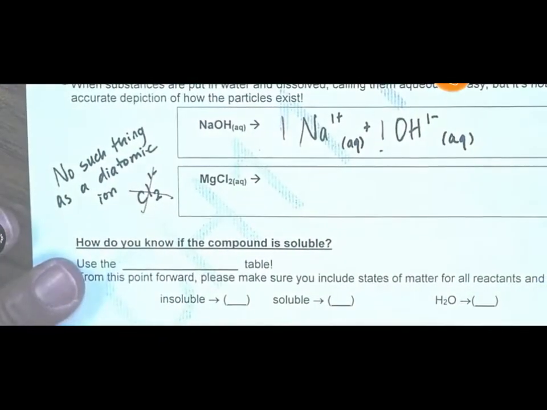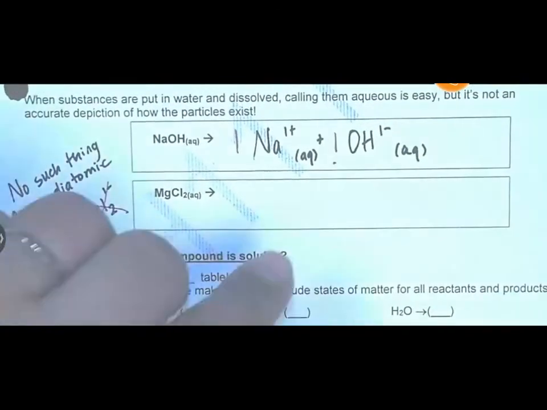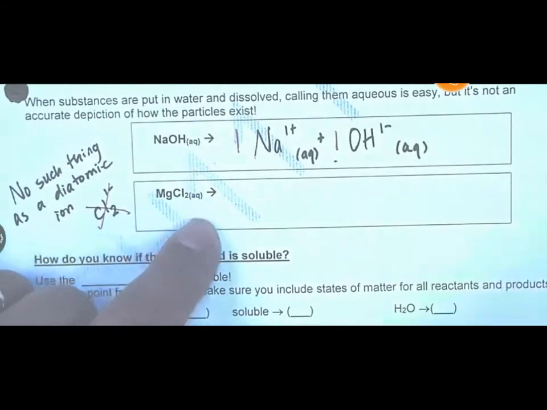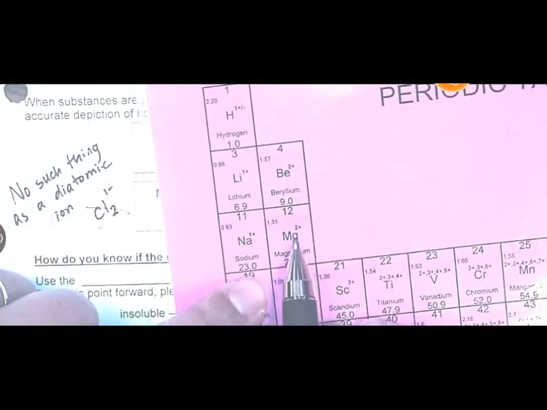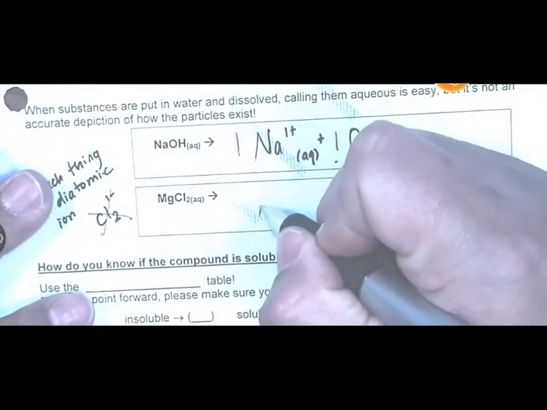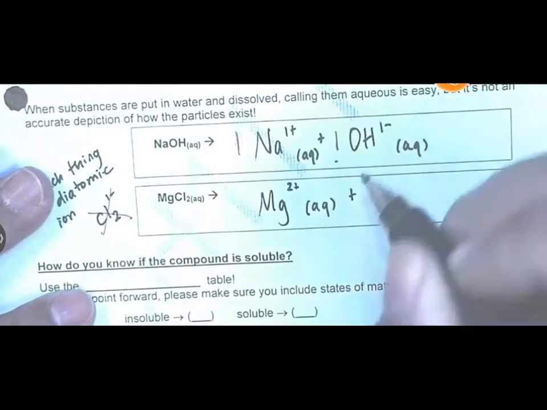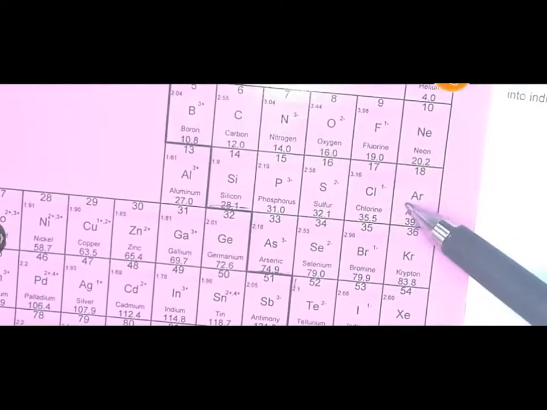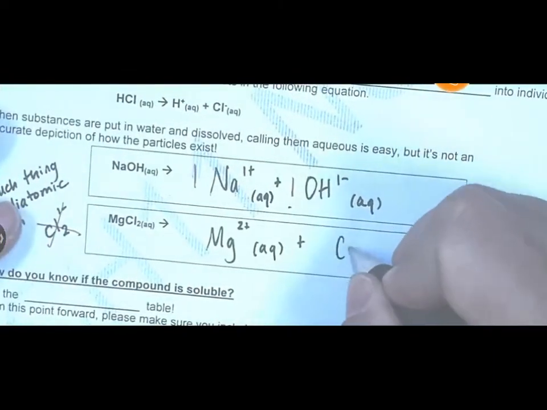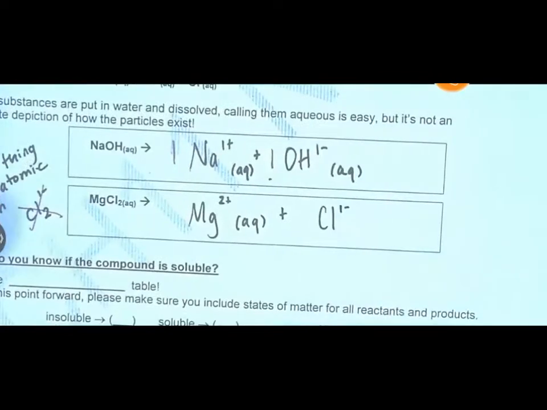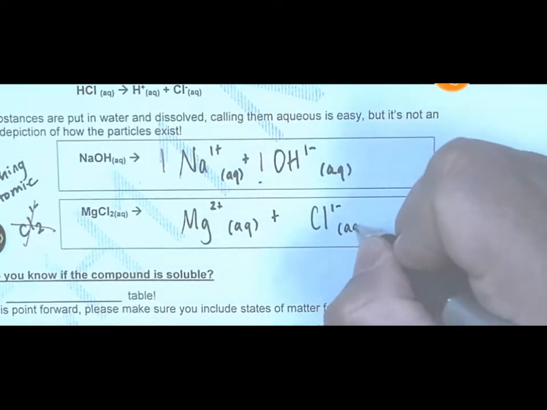So we have to look up the ions that make up this ionic compound. So I know that Mg is 2 plus. So I have Mg 2 plus, and that's aqueous, plus Cl. So here's Cl, it has a charge of 1 minus. Cl1 minus, and that's aqueous also.